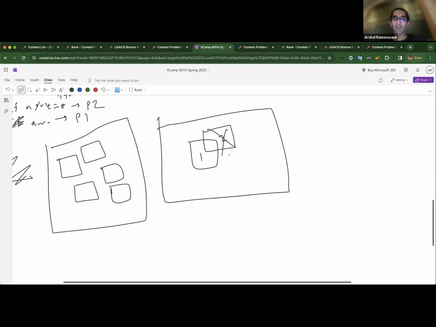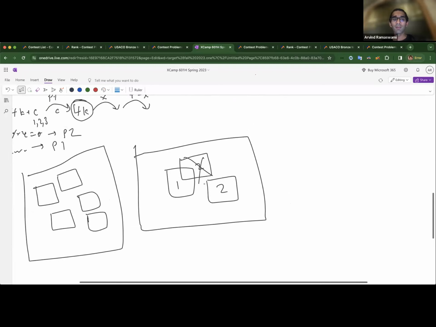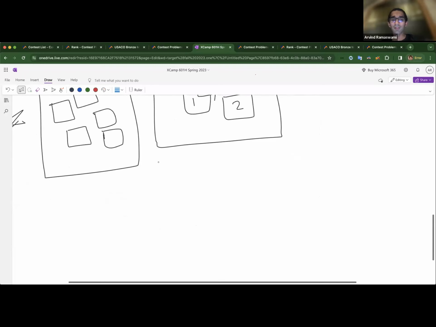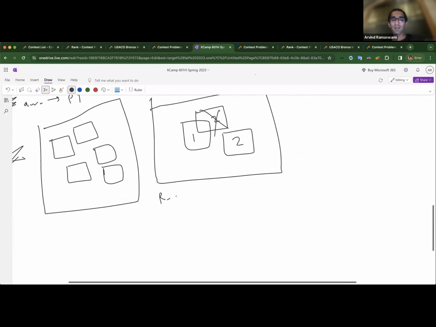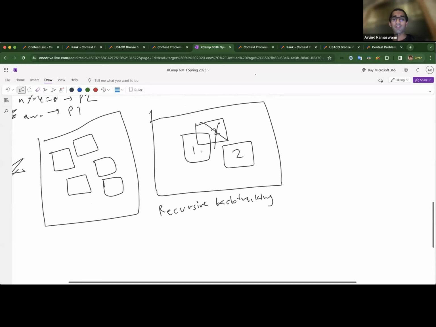So this is invalid, and you have to check all the possibilities for the second block, until you can find some place where you can place it. A term for this is recursive backtracking. You can recursively place them, and mark certain things as visited and then determine whether you can place the other one.